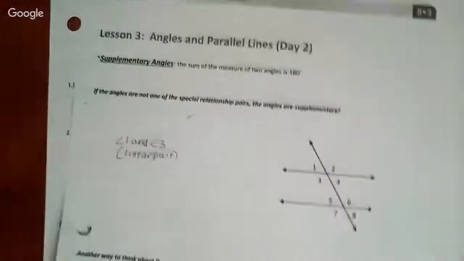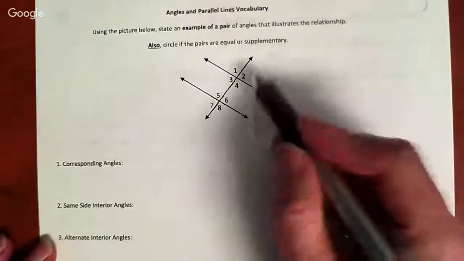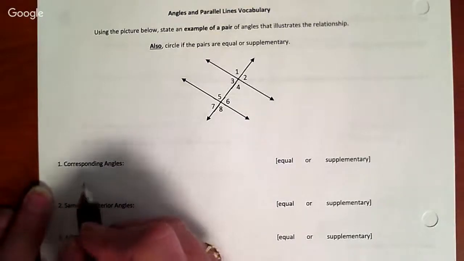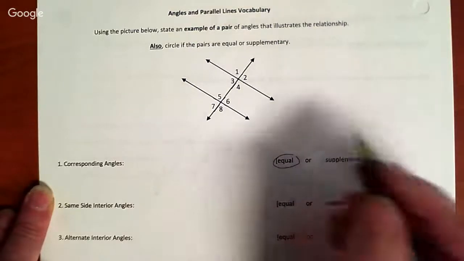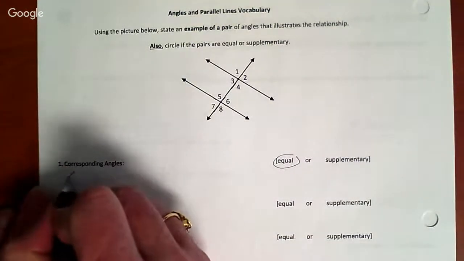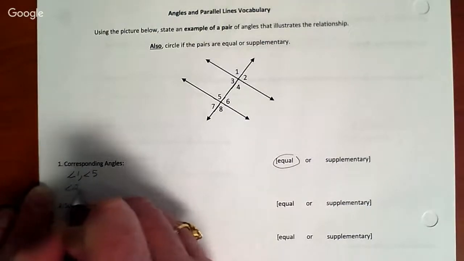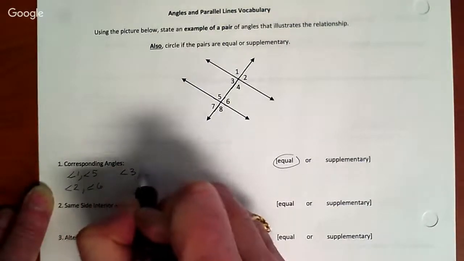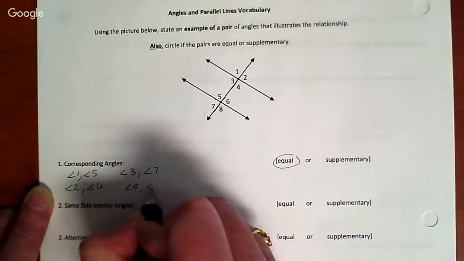Next, when we look at this parallel line crossed by a transversal, we can name some corresponding angles here. And corresponding angles are all equal. So therefore, we have angle 1 and angle 5, angle 2 and angle 6, and we have angle 3 and angle 7, angle 4 and angle 8.